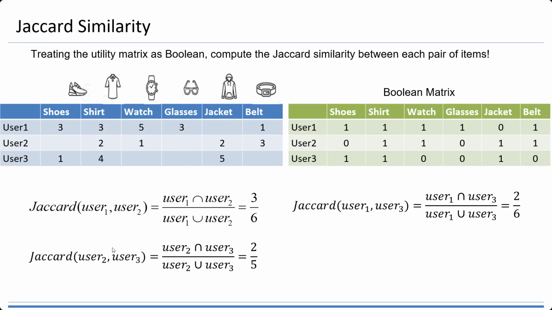Now, let's check the Jaccard similarity for user 2 and user 3. User 2 and user 3, we have only shirt and jacket. So it means there are 2 data intersect. But why do we have 5 here?